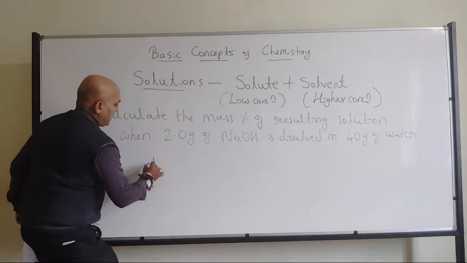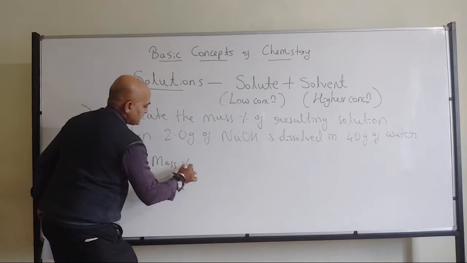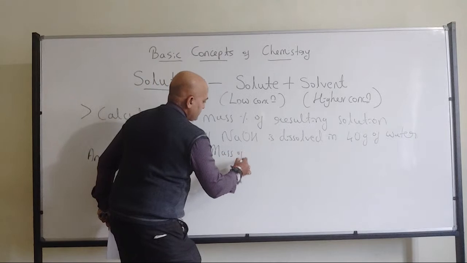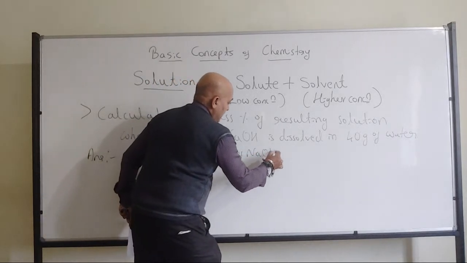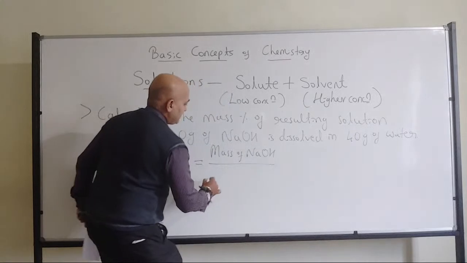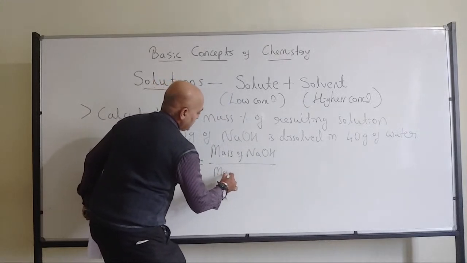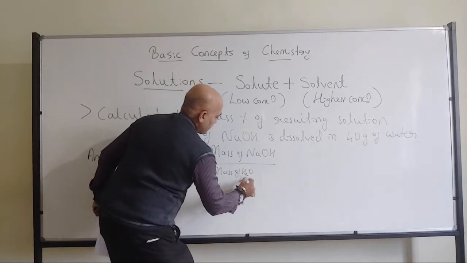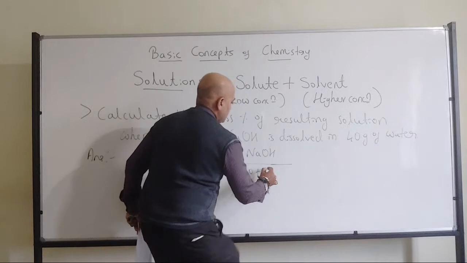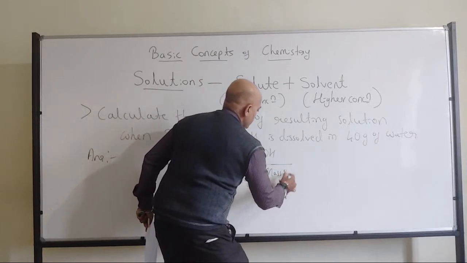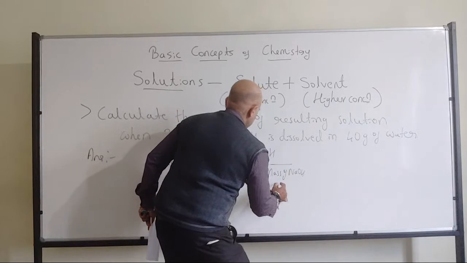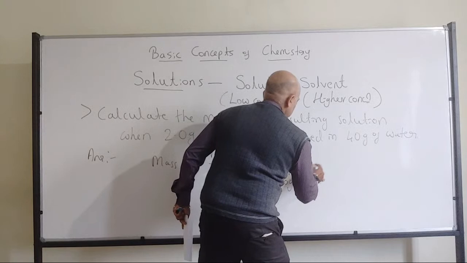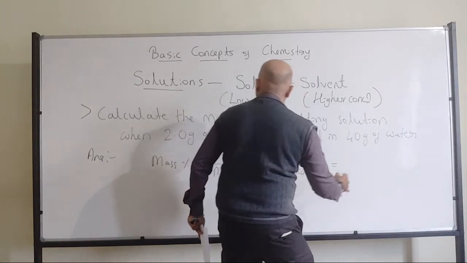Mass percentage is equal to mass of sodium hydroxide divided by mass of water, so that is 40 gram, plus mass of NaOH. So that is nothing but 2 grams, right? So multiplied by 100, which is equal to.